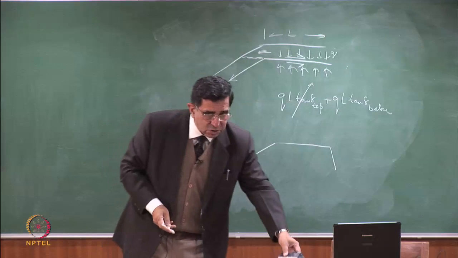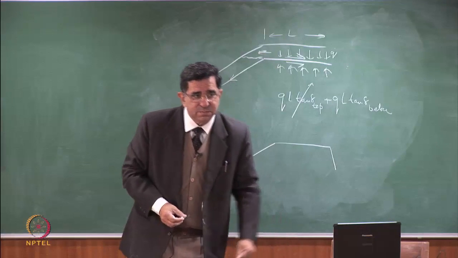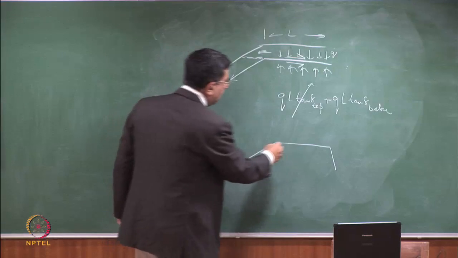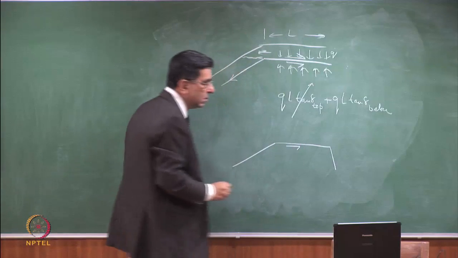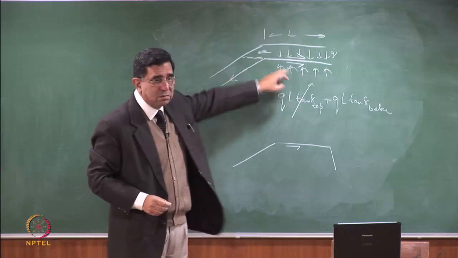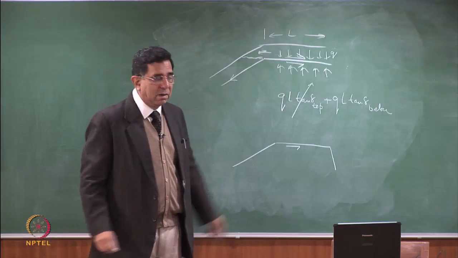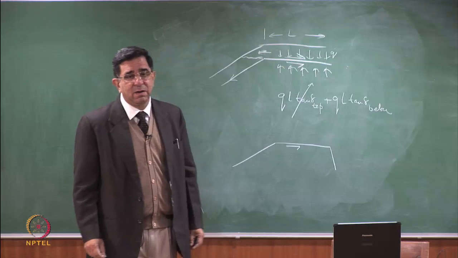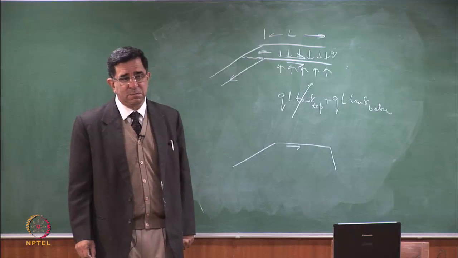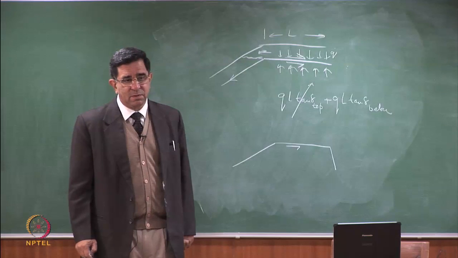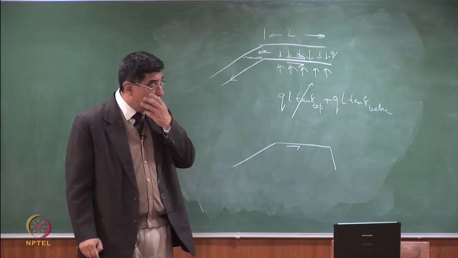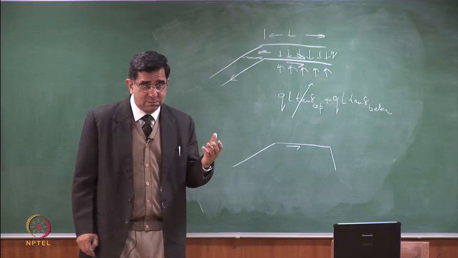The more important question is, if you have a geomembrane like this, then what is the additional resistance which comes? Quite clearly, there will be a resistance here which is equal to this. How will this give you any resistance? Well, there are four theories.